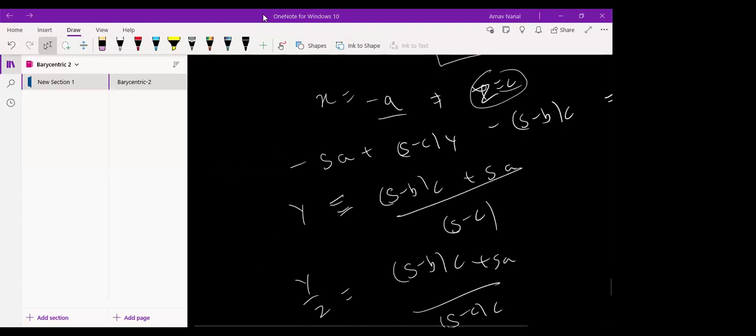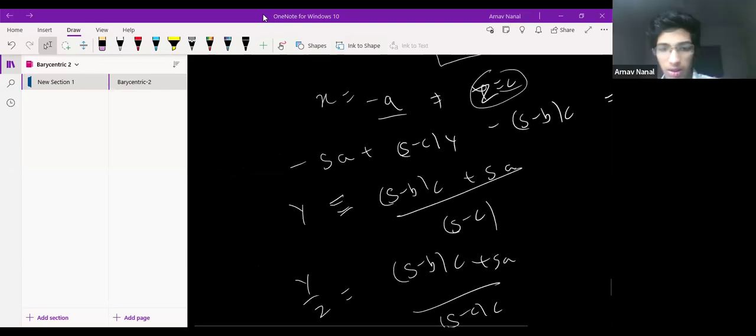Why do we only care about the y by z ratio? Because we want to intersect that thing with BC, right? Let me read.